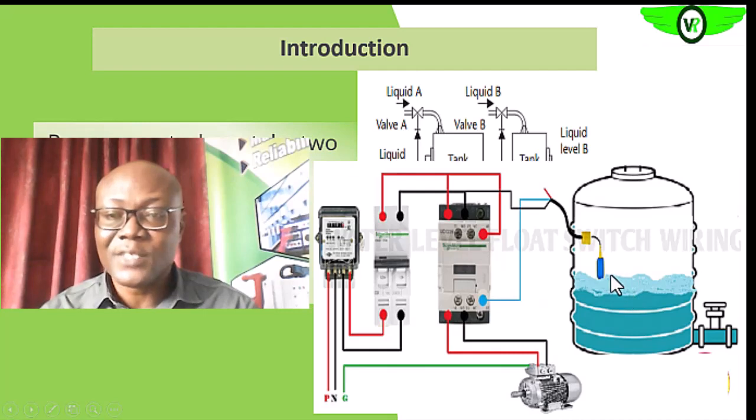Then as it is filling up, the level will be rising, and it will get up to a stage where it will trip or cut off power to the coil of this contactor, and thus cut power to the pump motor, which will eventually stop filling this tank.